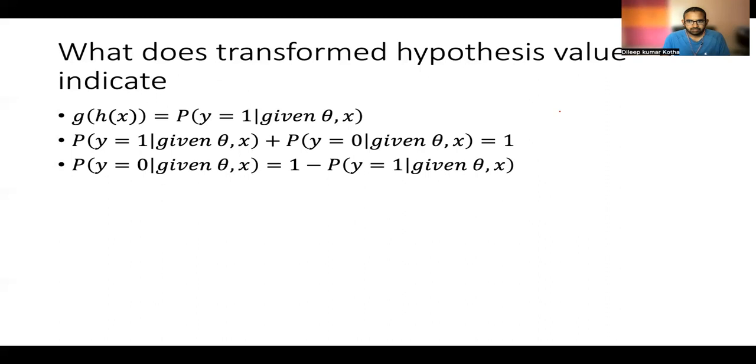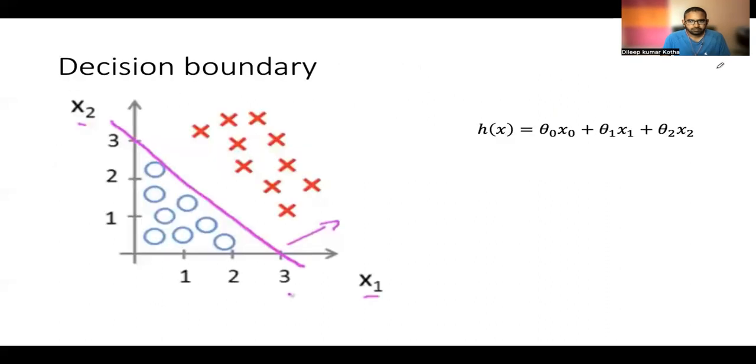Now let's go ahead and see how the plotting looks. There is one more term called decision boundary. So we have two classes here.